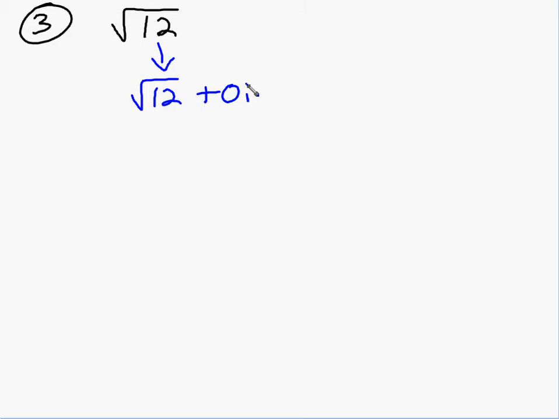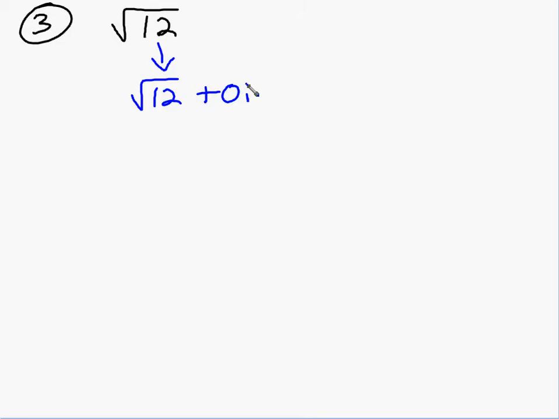One more of those. It seems like if I don't go over this one, people don't really know what to do. What if they give you the square root of 12 and they say to write the conjugate of it and then multiply? Well, sometimes I know books give you problems that I even wonder, what's the point of this? But I need to show you what to do with it, because it might show up in homework. This is the same thing as the square root of 12 plus 0i, right? So then what would the conjugate of it be?